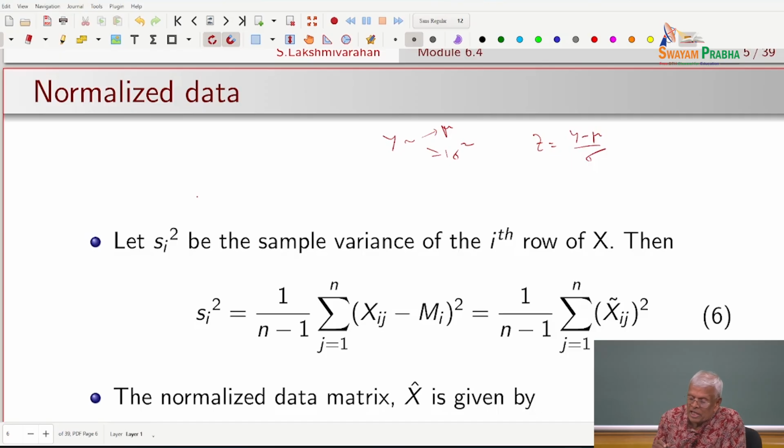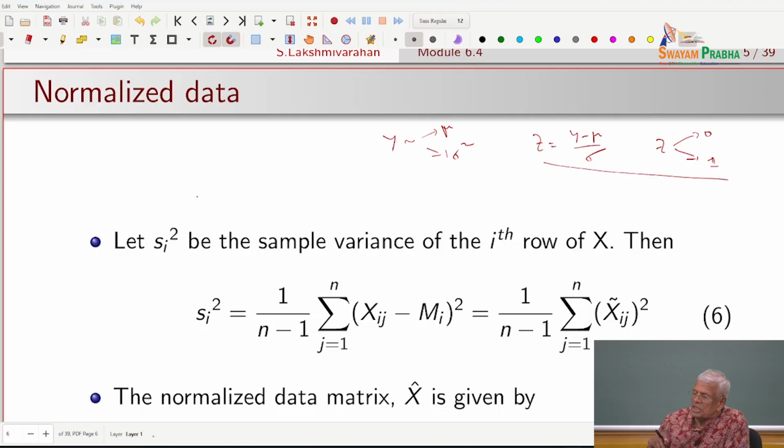So y is a random variable, mu is the mean and sigma is the standard deviation. So z will have a mean 0 and the standard deviation 1. So this is one form of normalization.